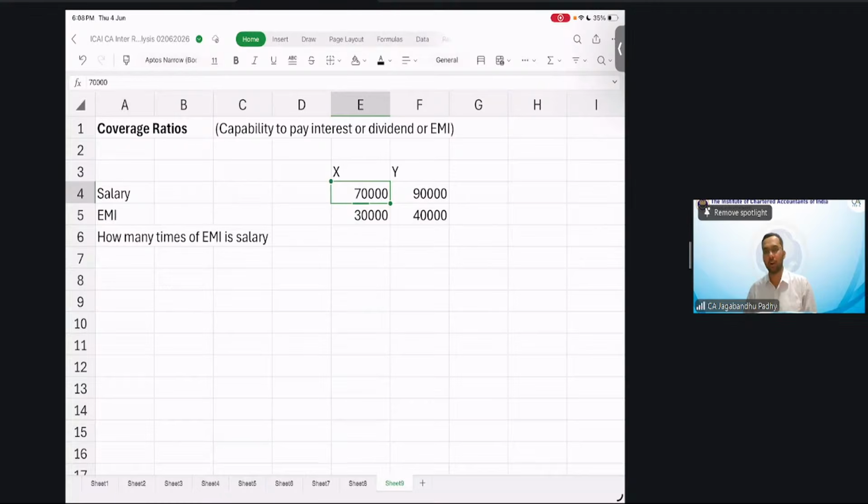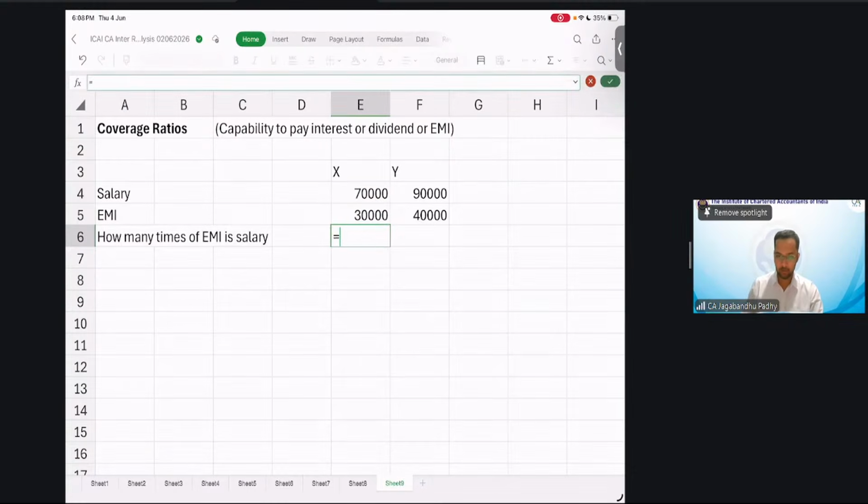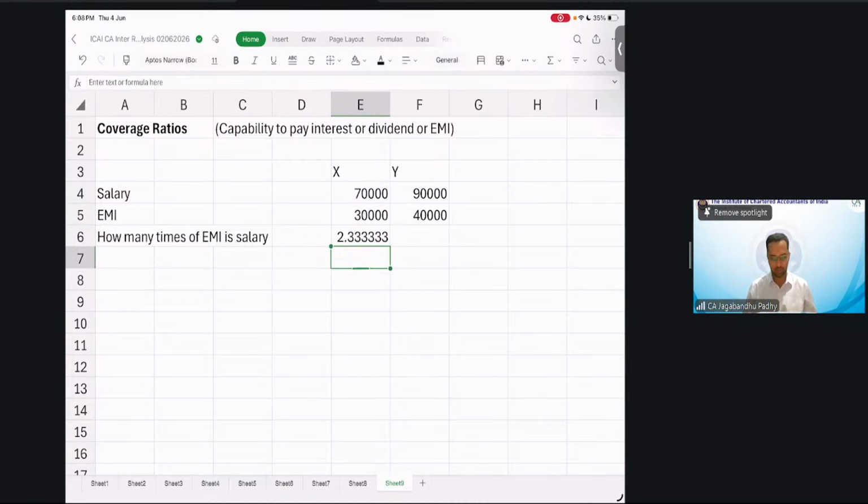What's going to be your answer? Can I say 70,000 divided by 30,000, which is 2.33, and over here it is 2.25. So of course, for every 1 rupee of EMI, X is having 2.33 as income. And for every 1 rupee of EMI, Y is having 2.25 as income.